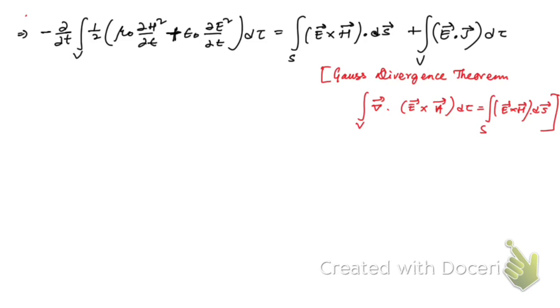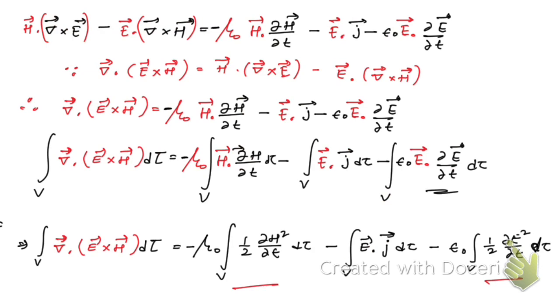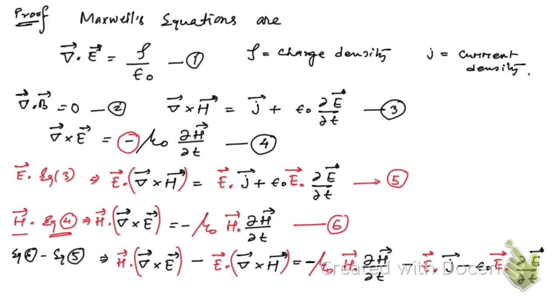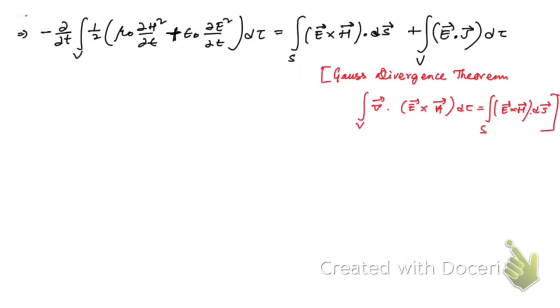Let me give it an equation number. Let me check what equation number I gave last time. Equation number 6, so now let me take this as equation number 7.